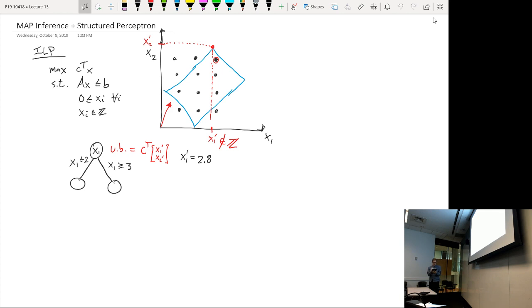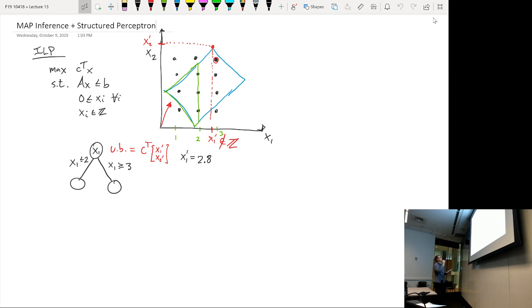So our original subproblem had just the set of constraints Ax less than or equal to b. But when we branch, we're creating a new linear program that now has the feasible region corresponding to this green LP that keeps everything. So here we have values 1, 2, and 3.